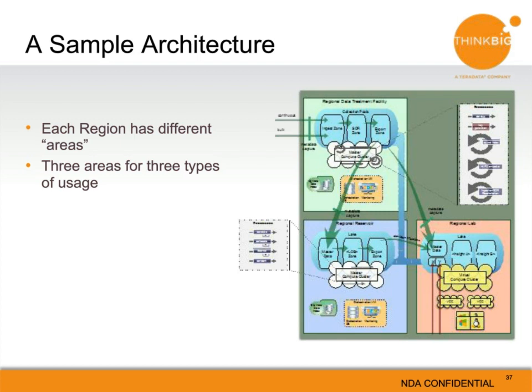But each region might have a different area, and we'll talk about three different areas in this as well. So we talk about maybe a treatment facility where the data comes in and gets readied, and then you push it down to different types of other facilities downstream.